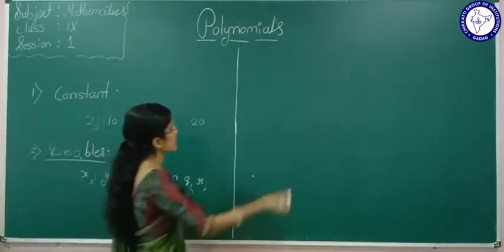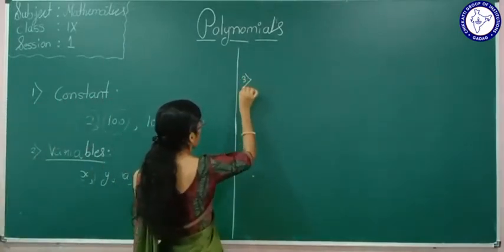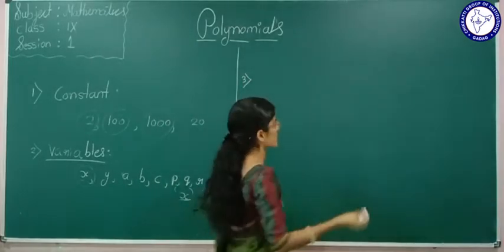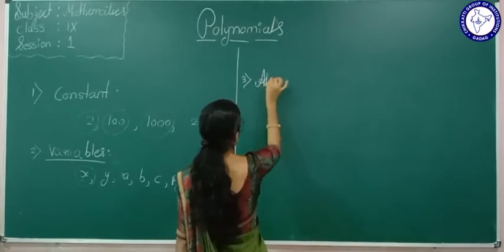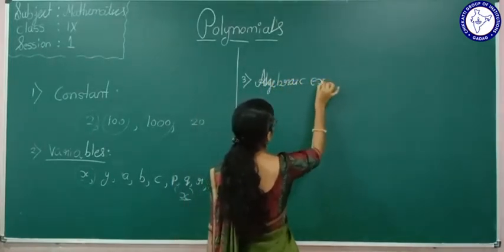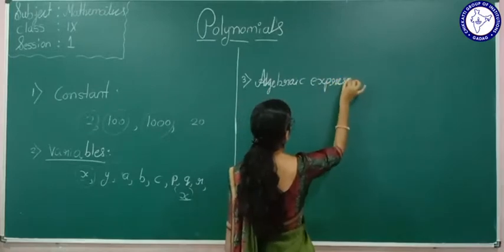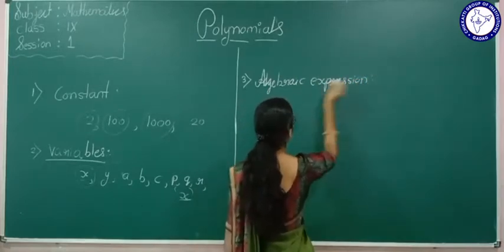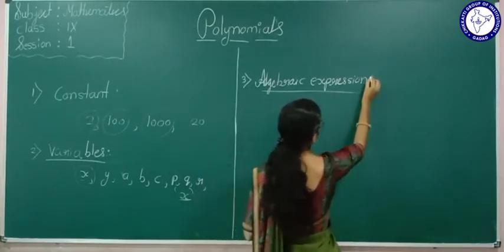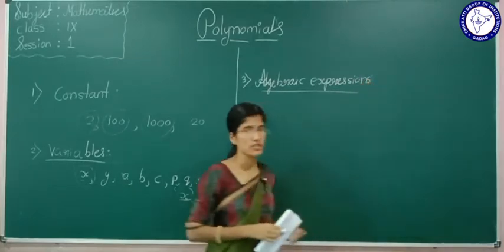Now that you know what a constant is and what a variable is, the next definition is algebraic expression. So what are algebraic expressions?